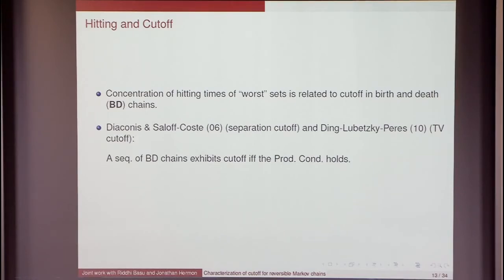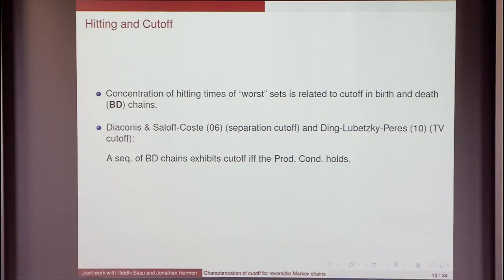So this general question I mentioned was first understood in the very simple case of birth and death chains. So a birth and death chain is just a nearest neighbor random walk on a path, but we're allowing arbitrary transition probabilities. They're only to neighbors. And remember, we're making it always lazy to avoid periodicity. So this is a birth and death chain, really a special kind of chain.